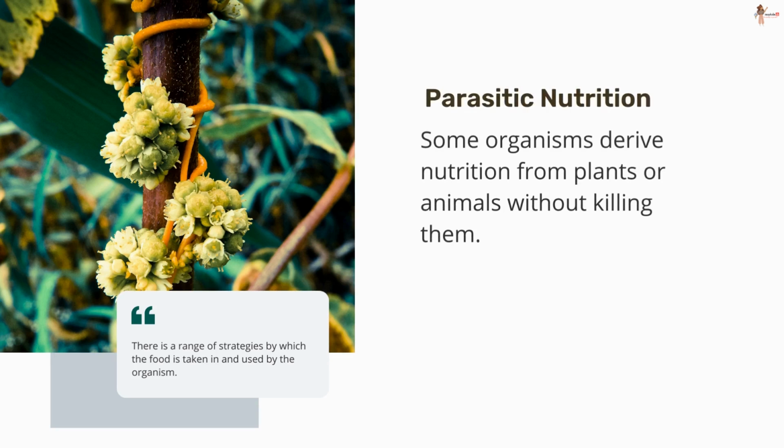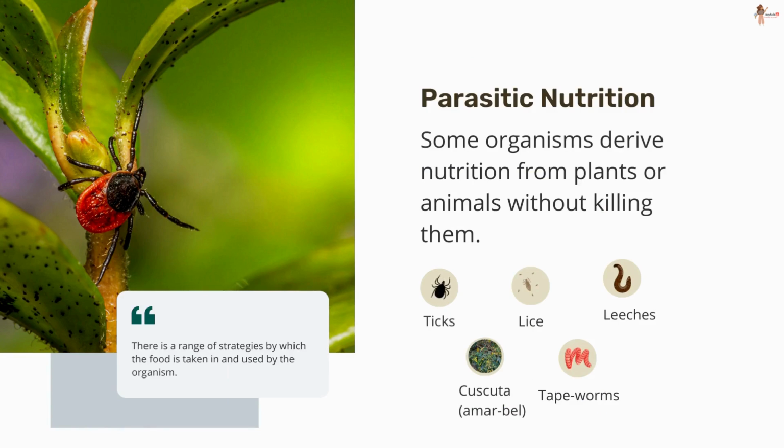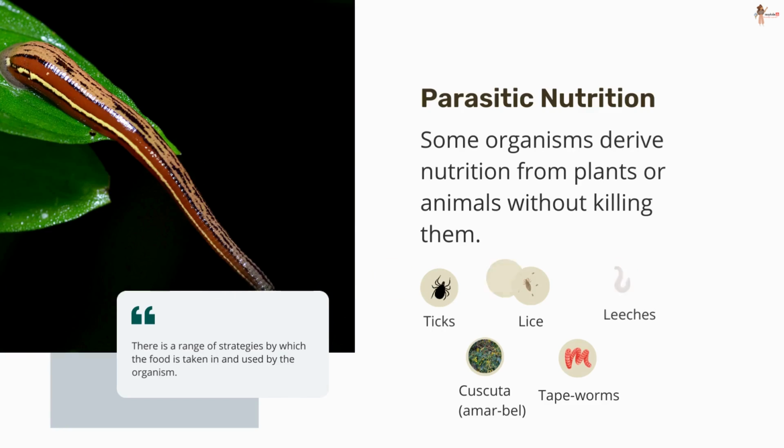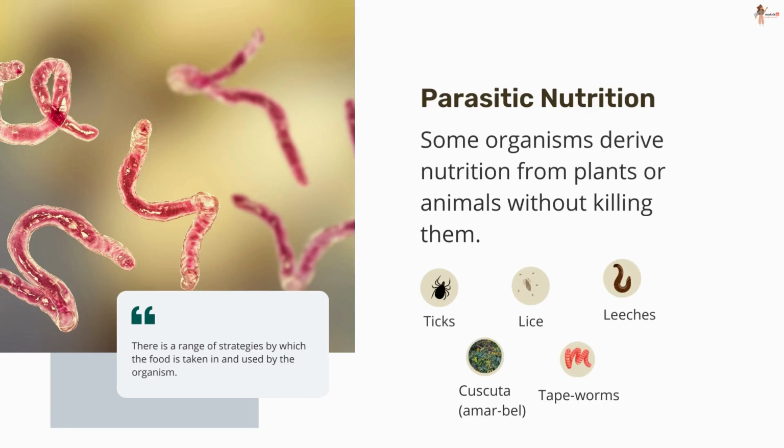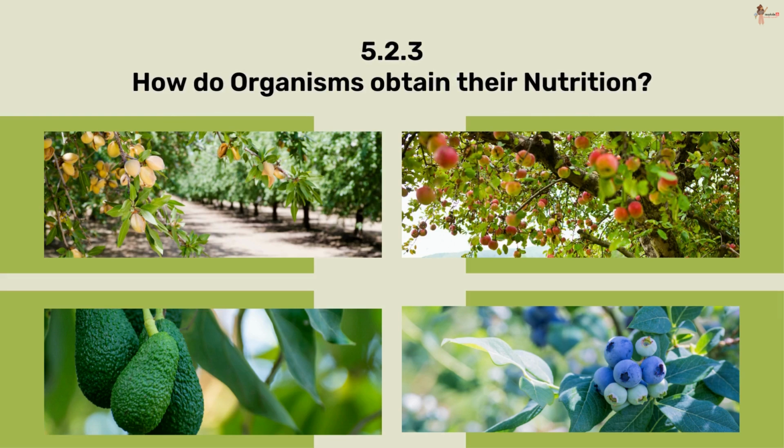Some other organisms derive nutrition from plants or animals without killing them. This parasitic nutritive strategy is used by a wide variety of organisms like Cuscuta or Amarbel, ticks, lice, leeches, and tapeworms. Now, the next important question is, how do organisms obtain their nutrition?